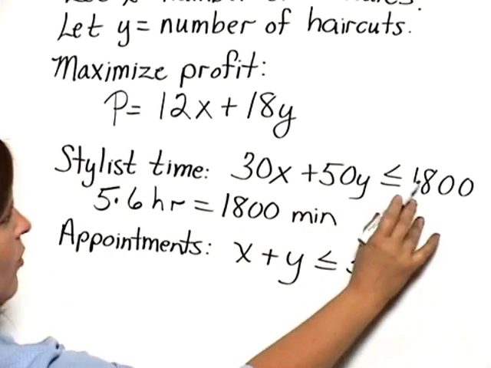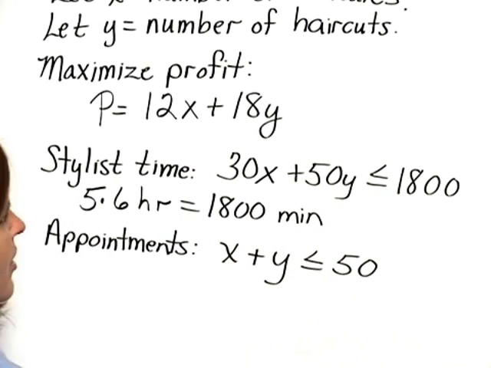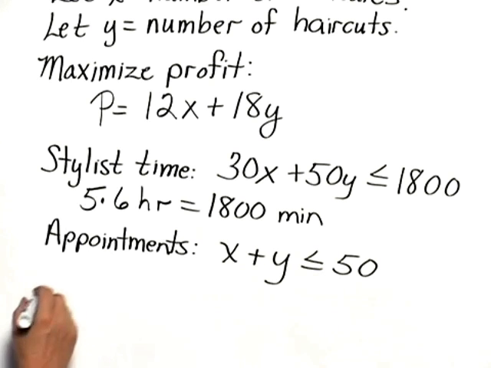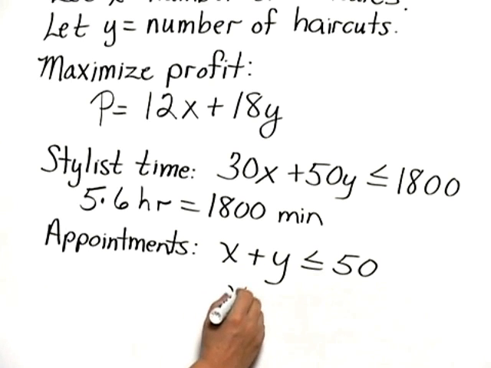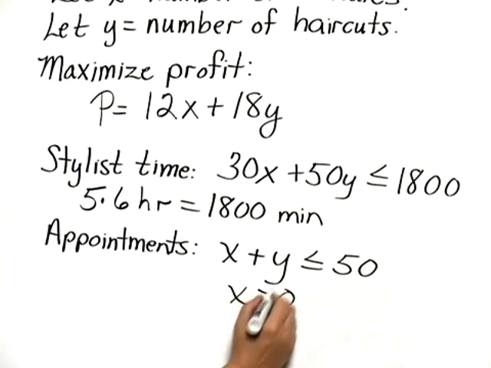So we have one inequality and another inequality, and then there are 2 more inequalities that we have to add just because of the type of problem we're working with. X and Y cannot be negative. So we would add that X is greater than or equal to 0 and Y is greater than or equal to 0. So what we have is a system of 4 linear inequalities.